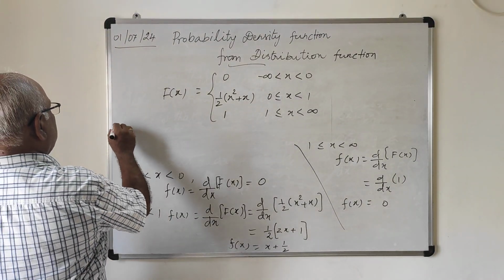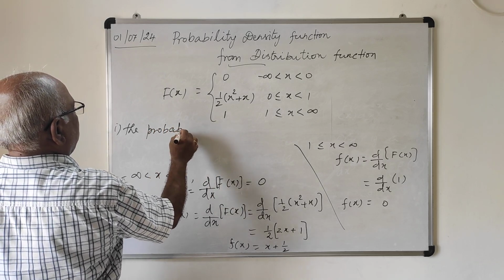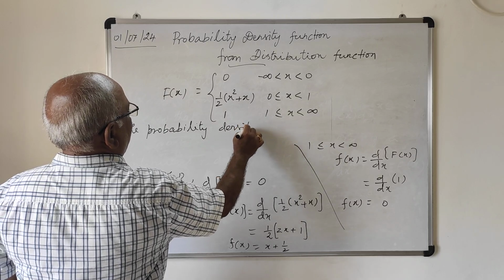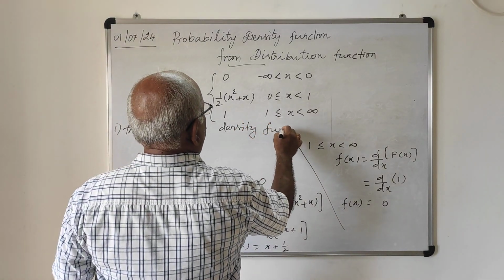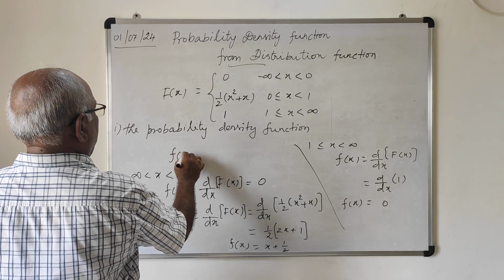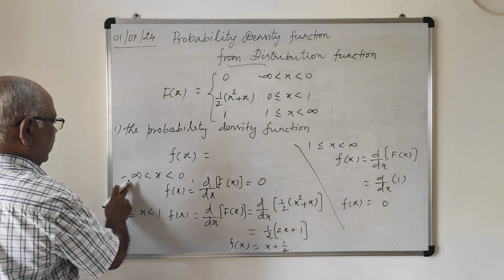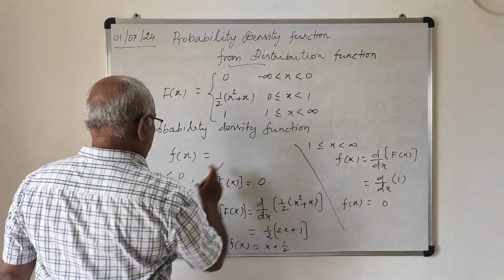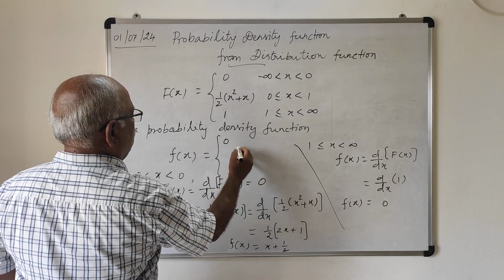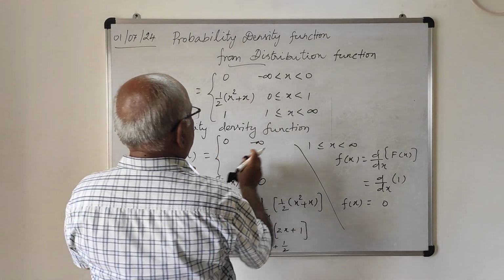So, our first subdivision, the probability density function: small f of x equals 0 from minus infinity less than x less than 0.